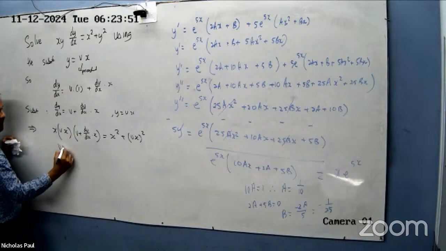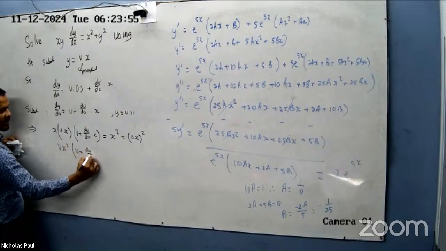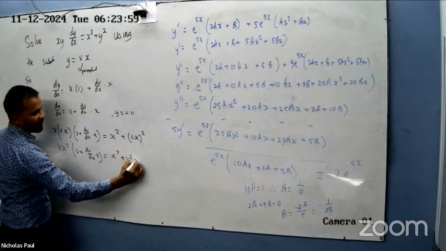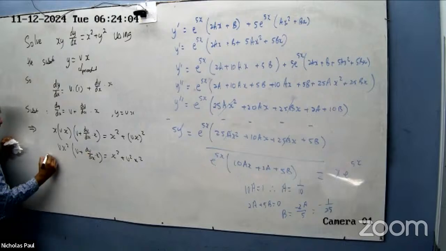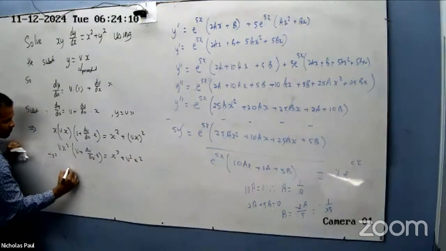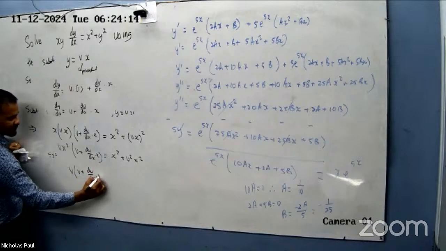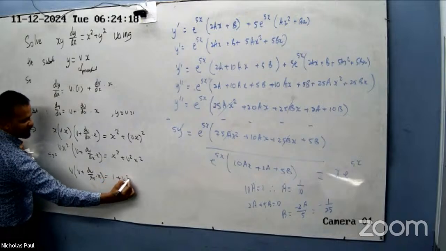We'll end up with vx times v plus dv dx times x is equal to x squared plus v squared x squared. Here we can divide out by x squared, divide this by x squared, divide this by x squared. So I'll get v times v plus dv dx times x is equal to 1 plus v squared.